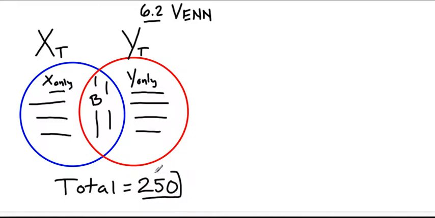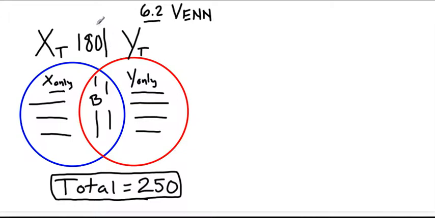Some of them have a dog. Some of them have a cat. Some of them have a dog and a cat. So if we say 180 people have a dog, and 170 people have a cat.